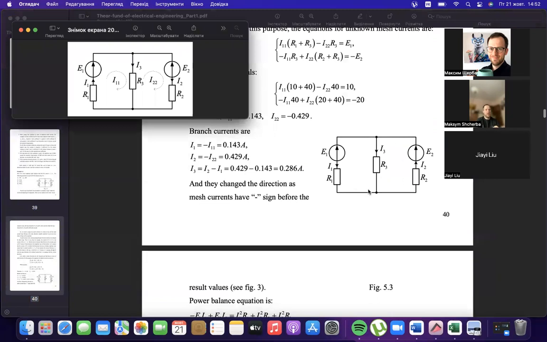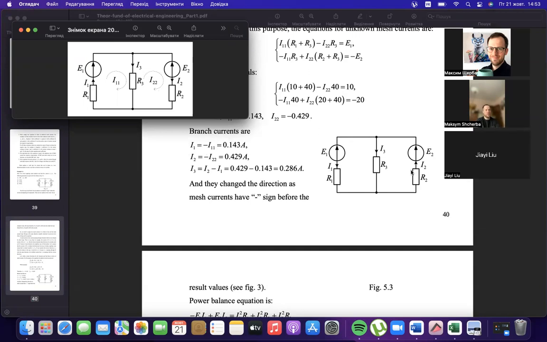the real current inside our circuit, mesh current I11, is the same as I1, depending on which direction it is. For some reason in this picture, the direction of current I1 is chosen opposite the source. That means if in the initial data this direction is chosen opposite, then we take I11 with minus.